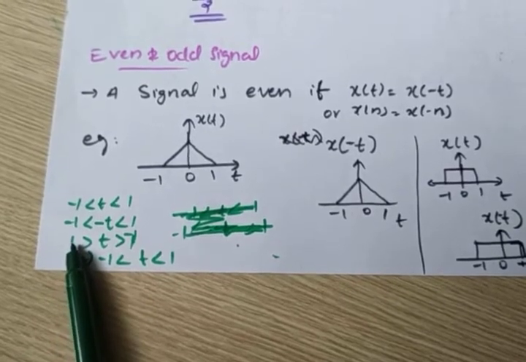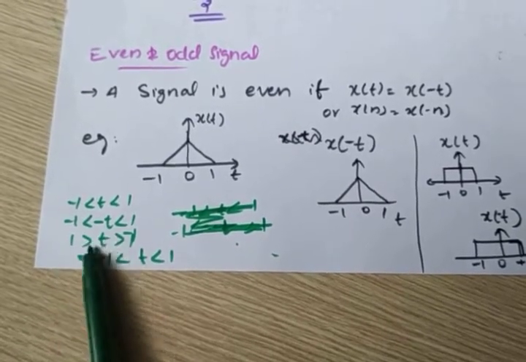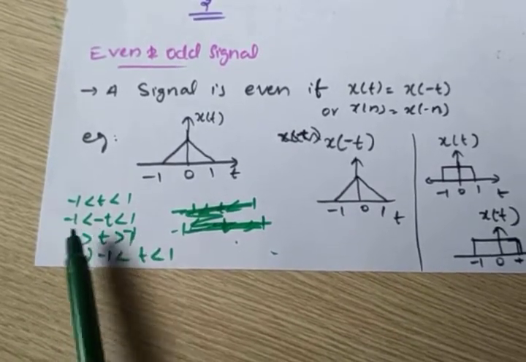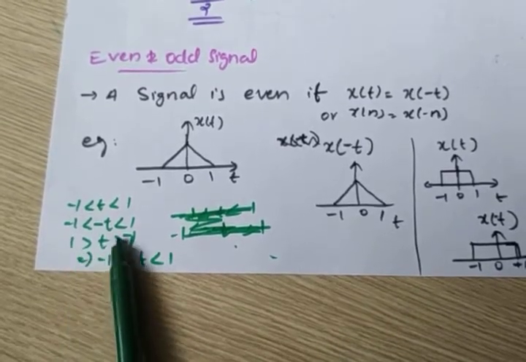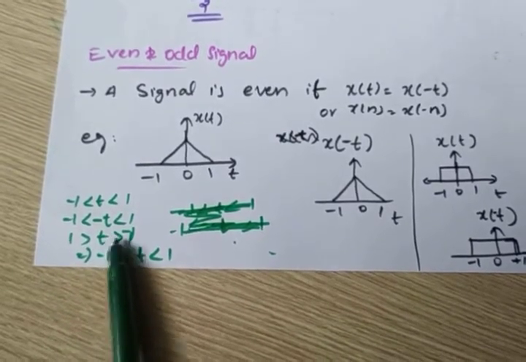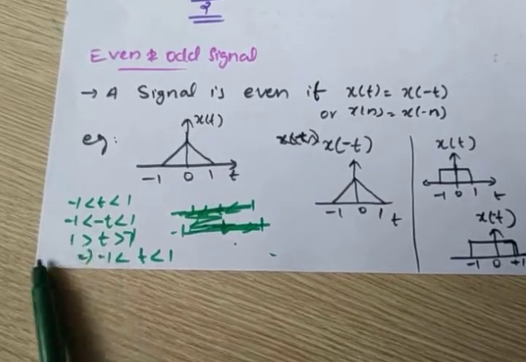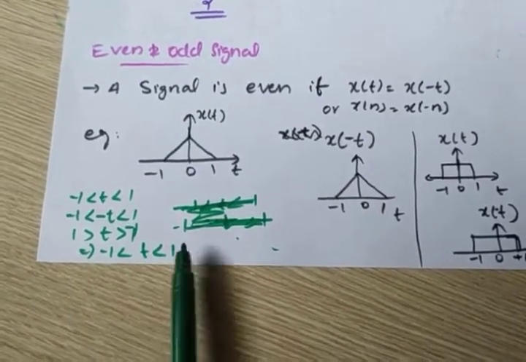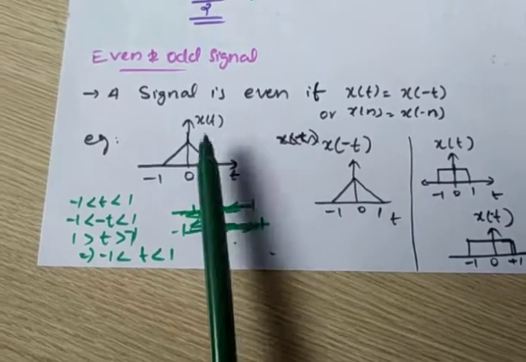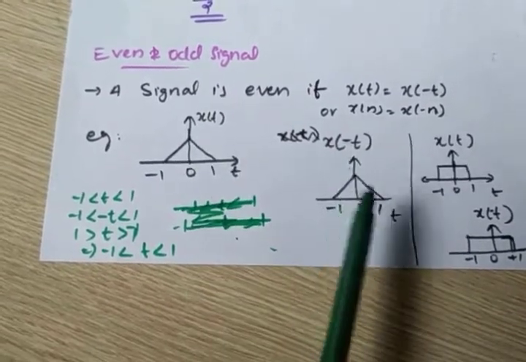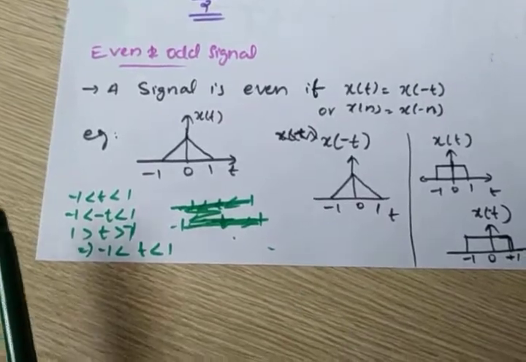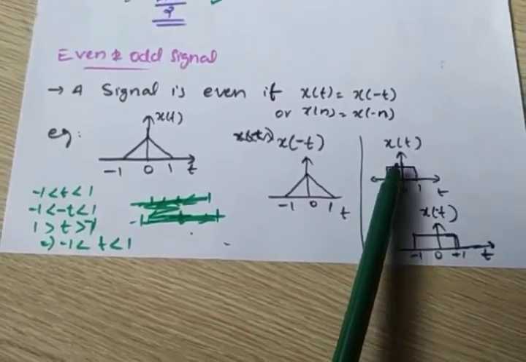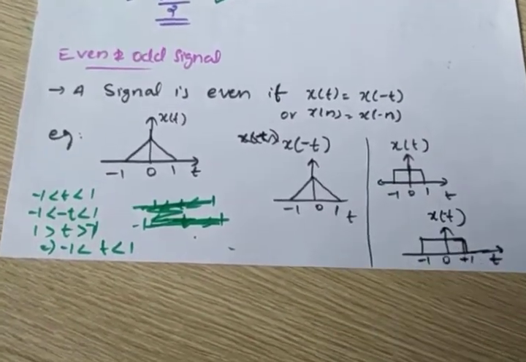So the minus becomes plus, and less than becomes greater than. So again it changes to -1 less than t less than 1. That means if you take the time reversal, you get the same signal only, similar to the case here. X of t, take the time reversal, you get the same signal.